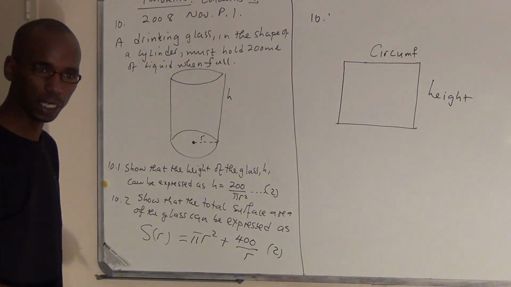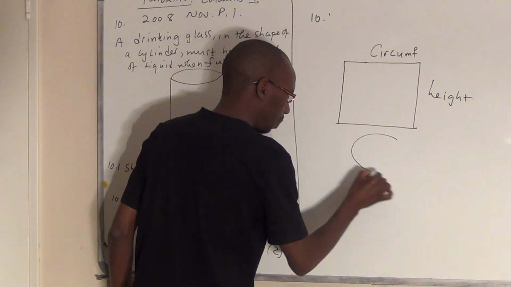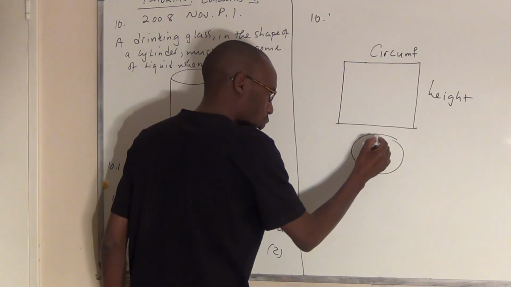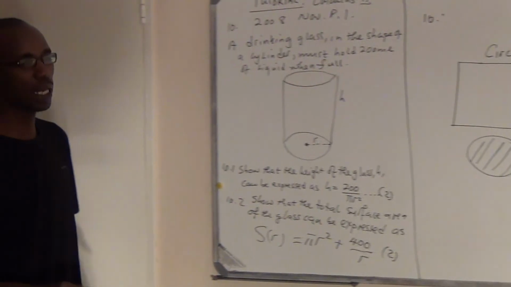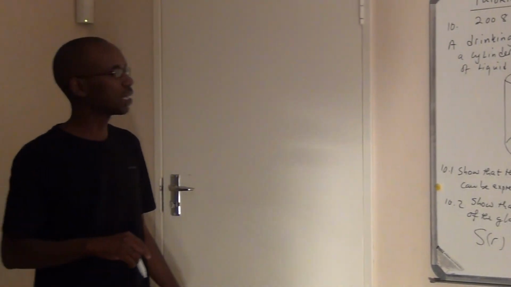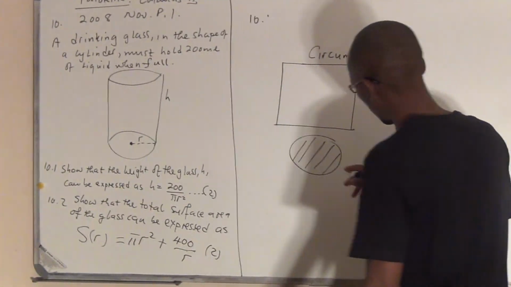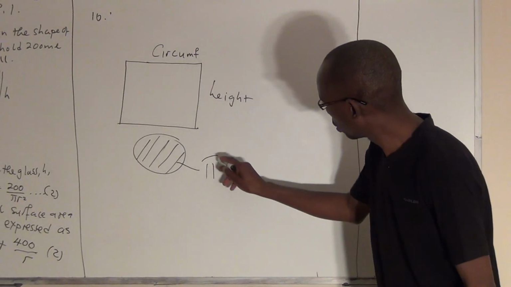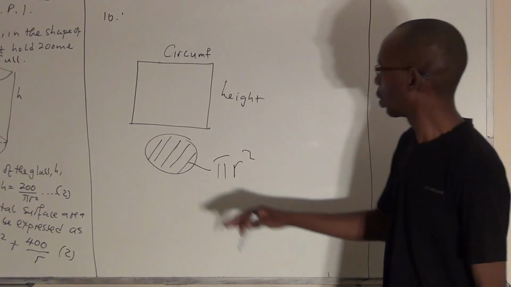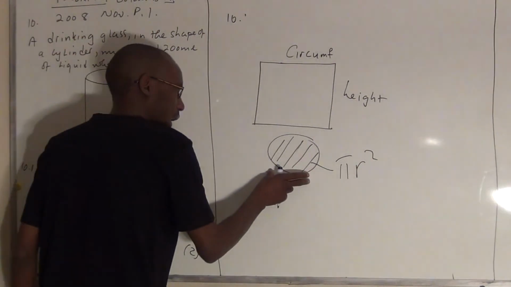But more importantly, at the base, remember, we also have the circular part which was covering that. So we also need to consider this surface area too. Question now, how do we calculate these surface areas? One, the area of a circle is a simple pi r squared. So the surface area of the base will be this simple pi r squared.